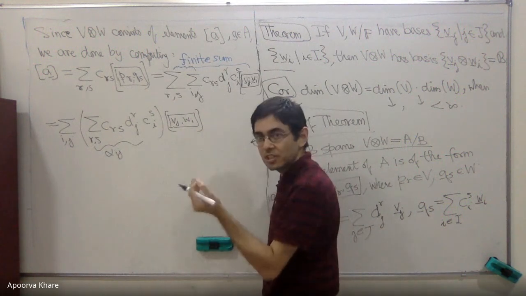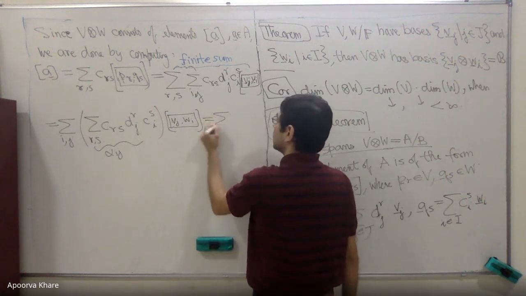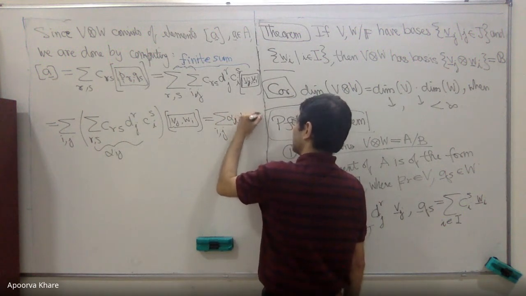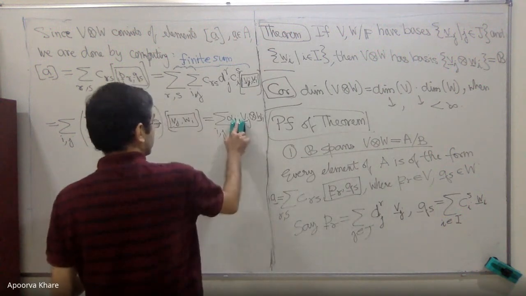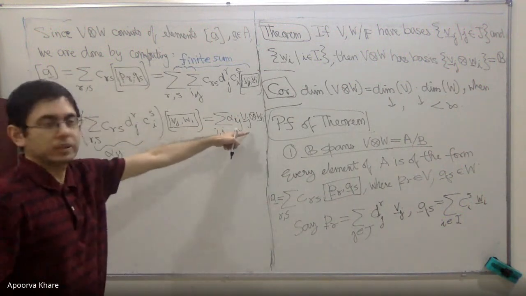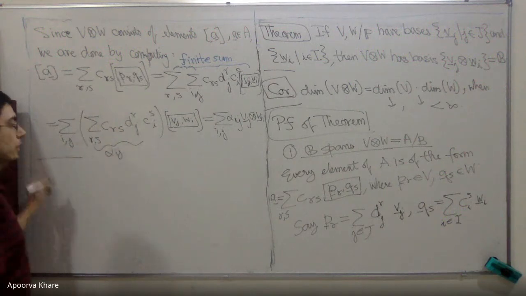This is exactly V_J tensor W_I. So this is equal to the sum over I, J of alpha_ij V_J tensor W_I. And that's what we wanted to prove: that it's a spanning set. Here any element is a linear combination like this, where alpha_ij is a finite scalar. Okay, so that is one.